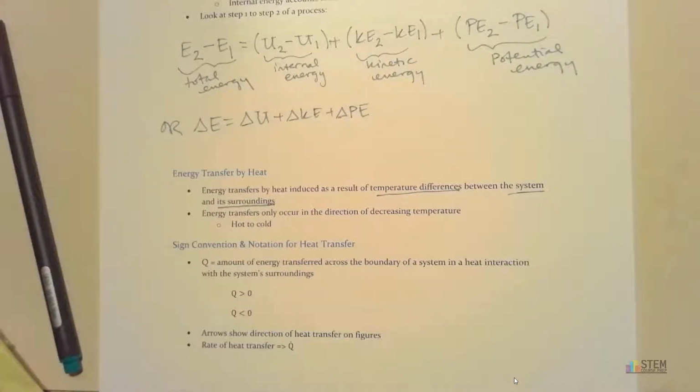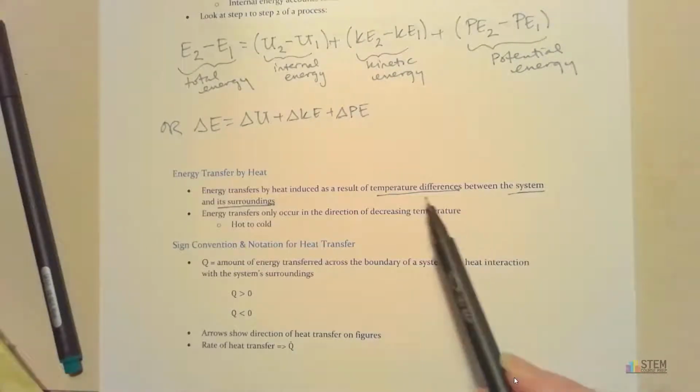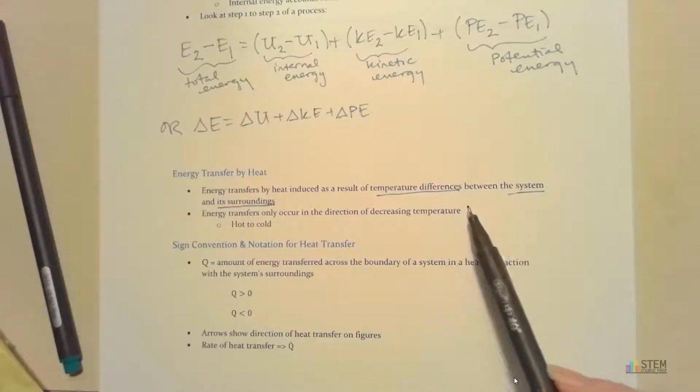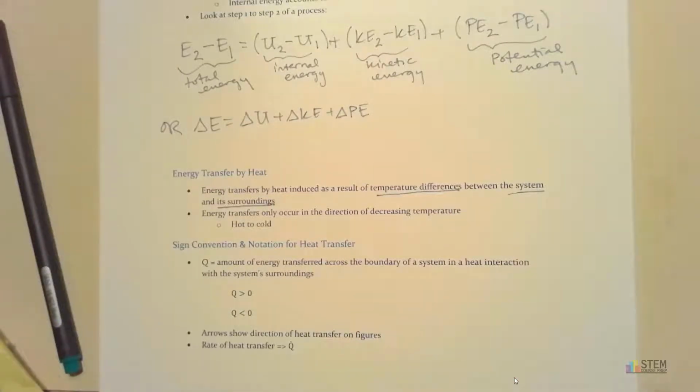Think about if you have a piston cylinder assembly and you put it in a really hot environment, what's going to happen to that gas inside that cylinder? Unless it is really insulated, that gas inside that cylinder is going to heat up. So you're going to have an energy transfer by heat, and it's going to be caused by that temperature difference.